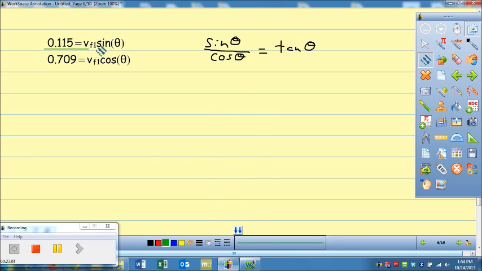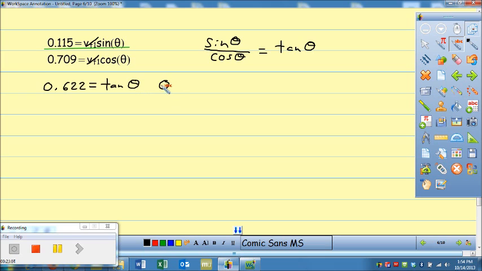If we divide one equation by the other, what we'll end up with is 0.115. Basically the VF1s will cancel. We'll have sine over cosine, which is tangent. So 0.115 divided by 0.709 gives us 0.622 equals tangent theta.